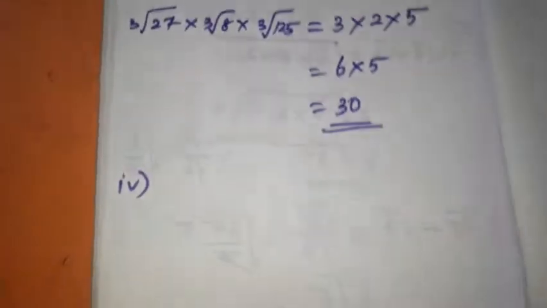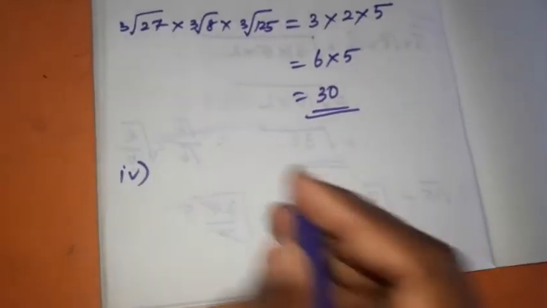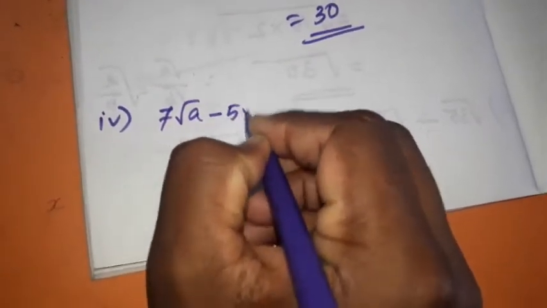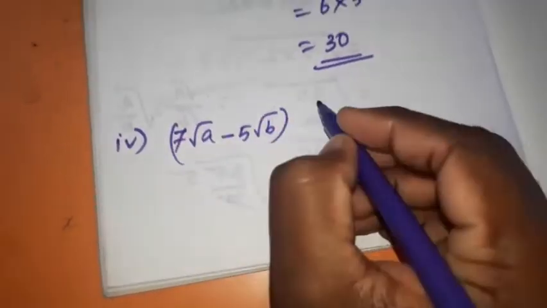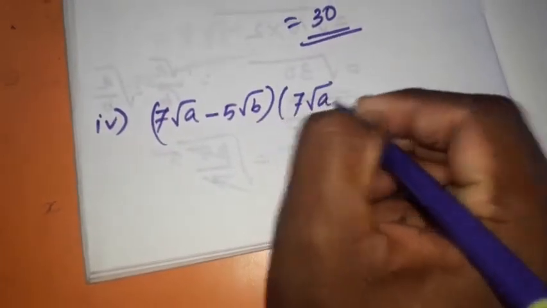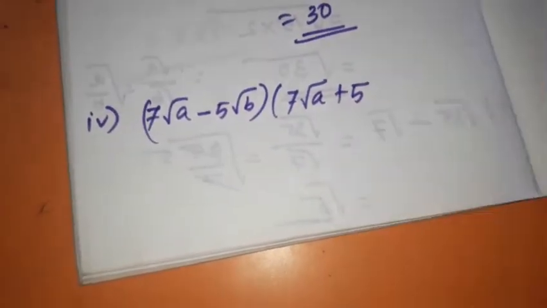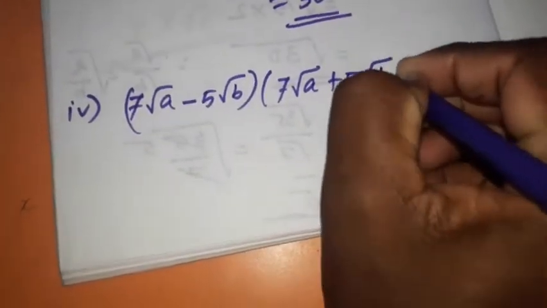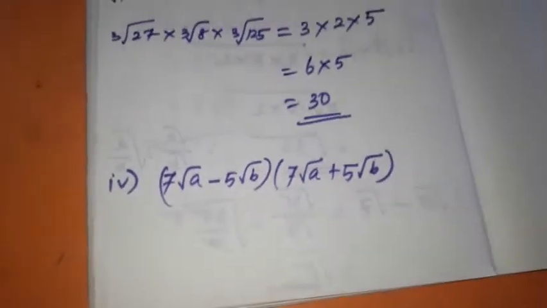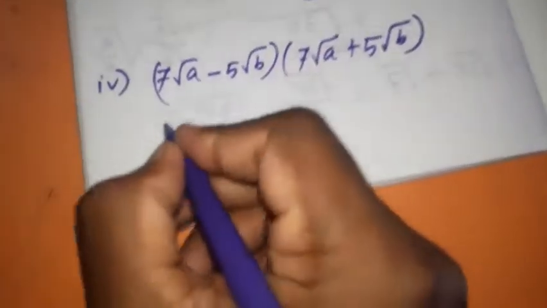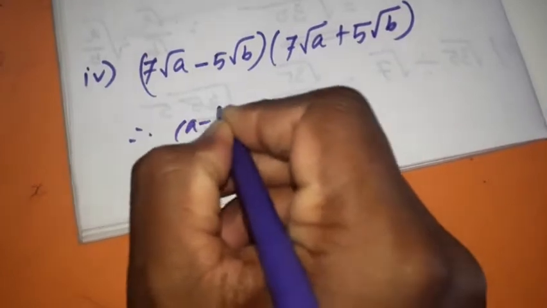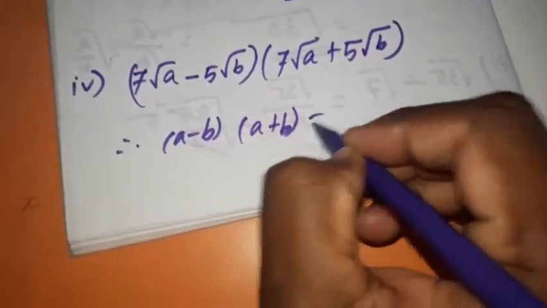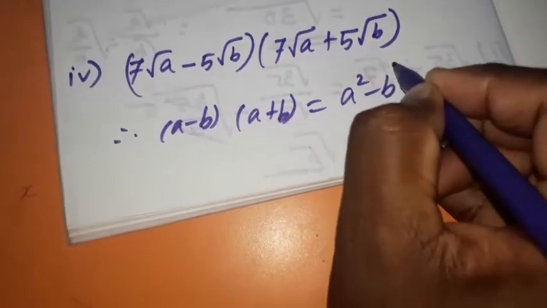Next, the fourth subdivision: 7 into root a minus 5 into root b, times 7 into root a plus 5 into root b. This is one question. Here we apply a very simple concept. We already know the formula: a minus b into a plus b equals a square minus b square.